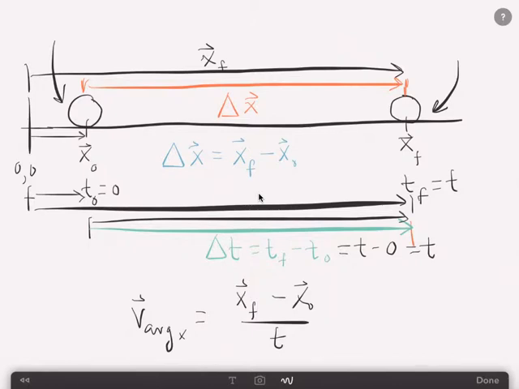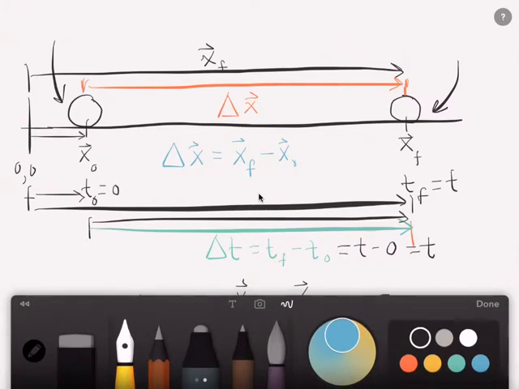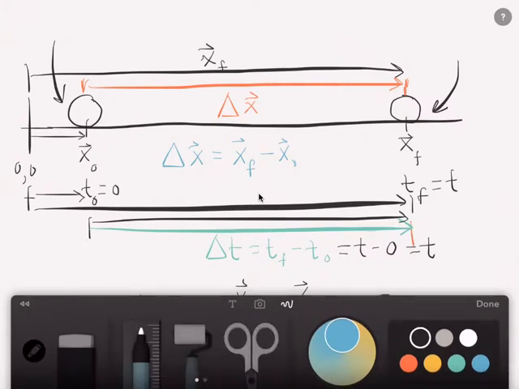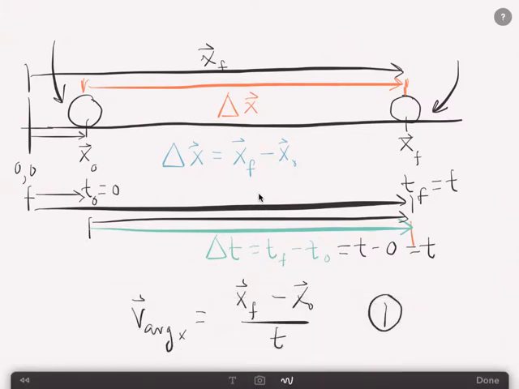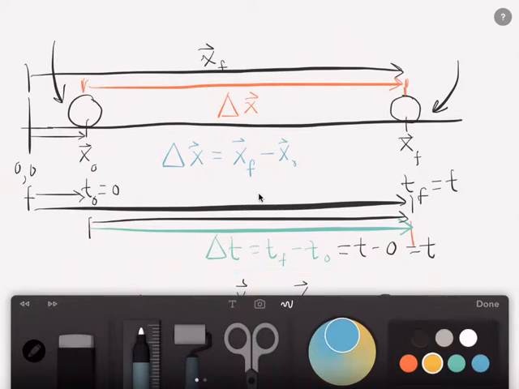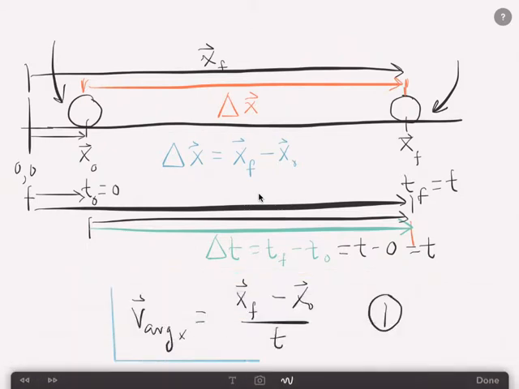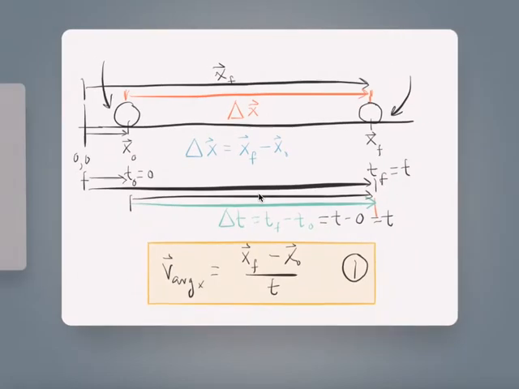All of these are measurable quantities. We're going to call this equation number one, and it will be very valuable. So that's our equation number one, the first axiomatic equation that we're going to use to derive our kinematic equations.